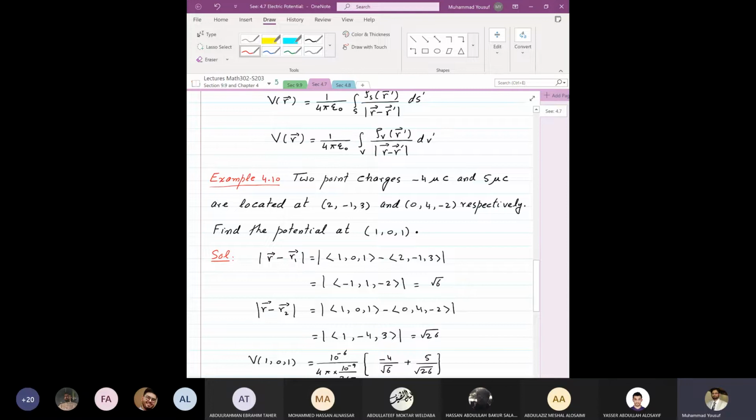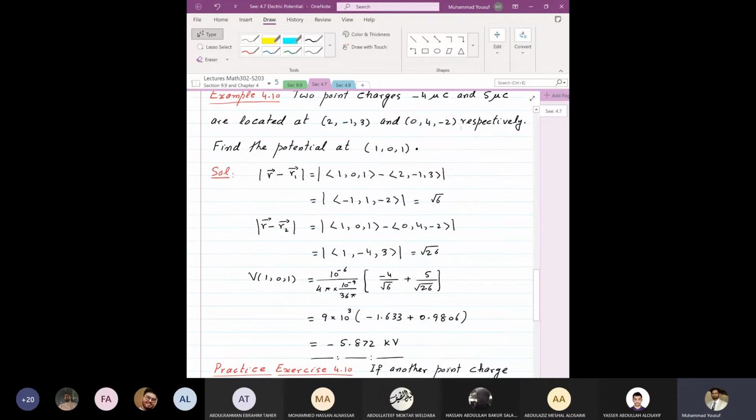Nanocoulomb means 10 power -9. That will be a common factor over 4 pi epsilon naught, and epsilon naught is 10 power -9 over 36 pi. Maybe you have seen this constant somewhere. So we put these numbers in, simplify, and get the answer.